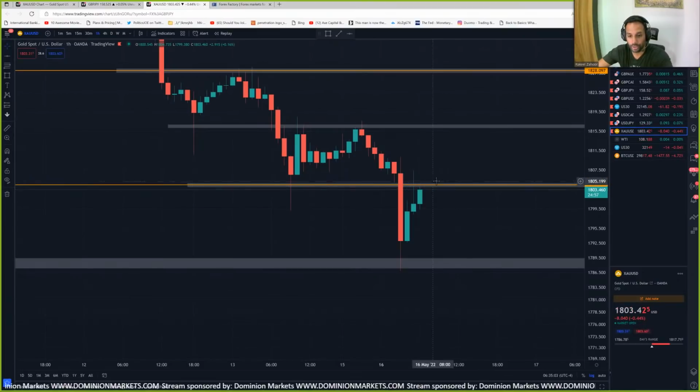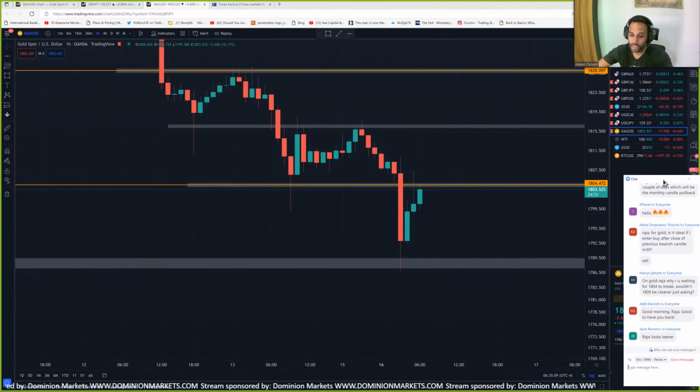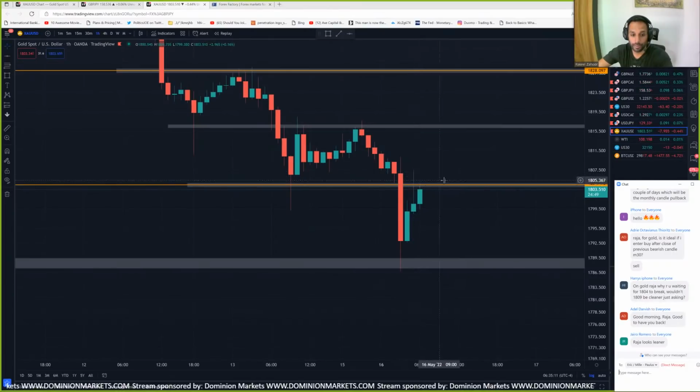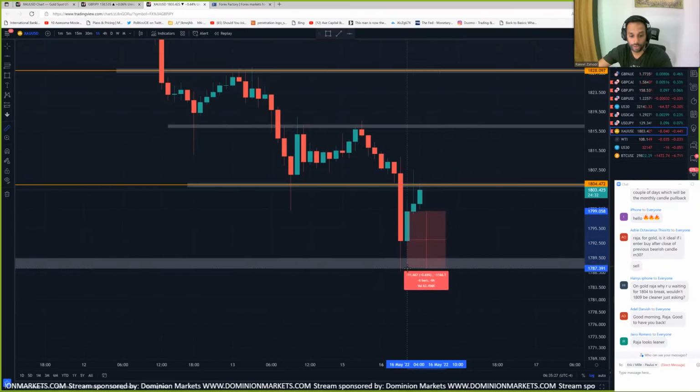If we can close above 1805, 1804, then we can anticipate the NY open to continue pushing price up. This is a very important level because we broke this level at London Open, and now we're retesting it, right? If we retest this level and we get confirmations of breaking down, then we're going to continue pushing down to retest the lows we created earlier on in the London session.